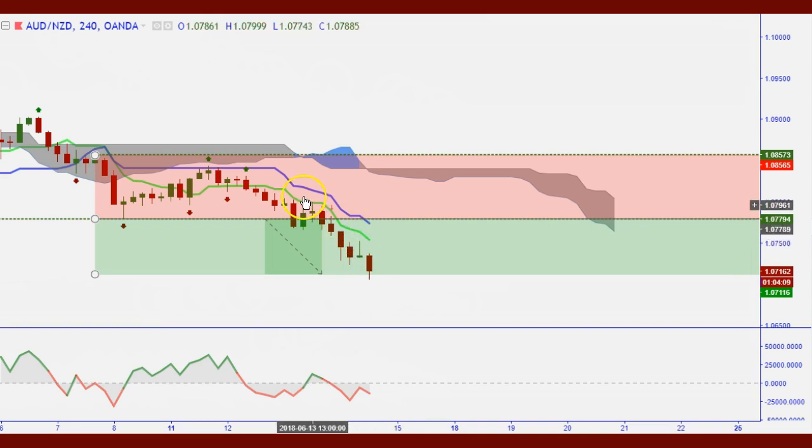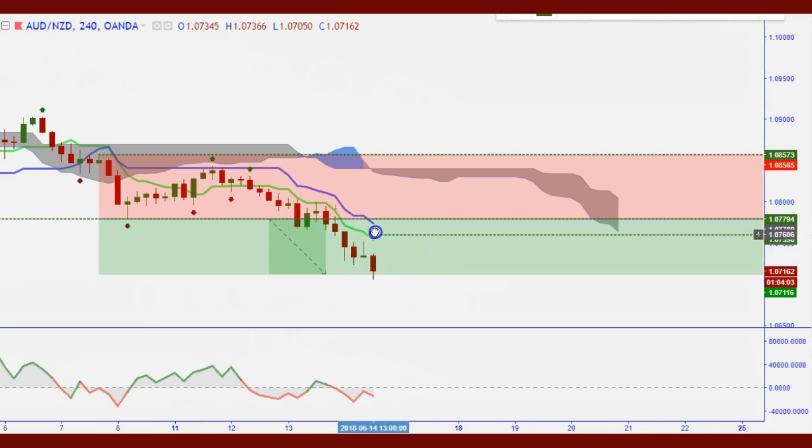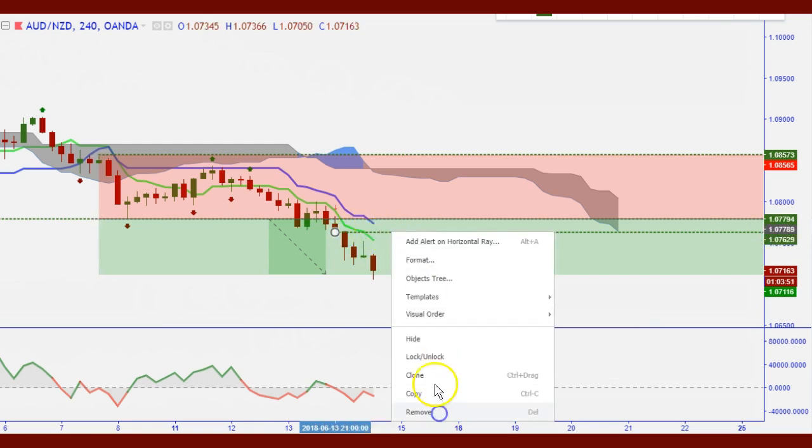Usually you allow Tenkan-sen to be your trailing stop loss, so you would be a little bit above that level, because more than likely the market comes back, bounces on there, and moves back to the downside. Unless it comes all the way back up to this level here, then that would take you out pretty much if you're using Tenkan-sen. All right, so that's what we're looking at now.